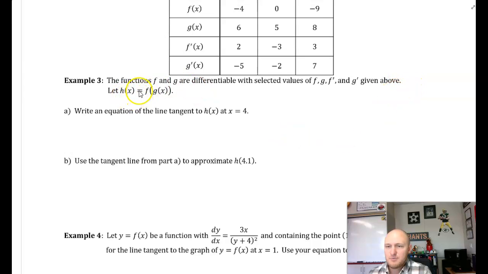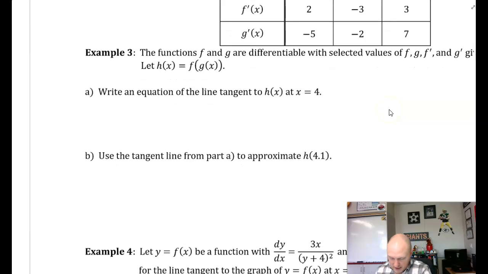Let h of x be equal to f of g of x. So I have a function defined as a composite function. They say write the equation of the line tangent to h of x at x equals 4.